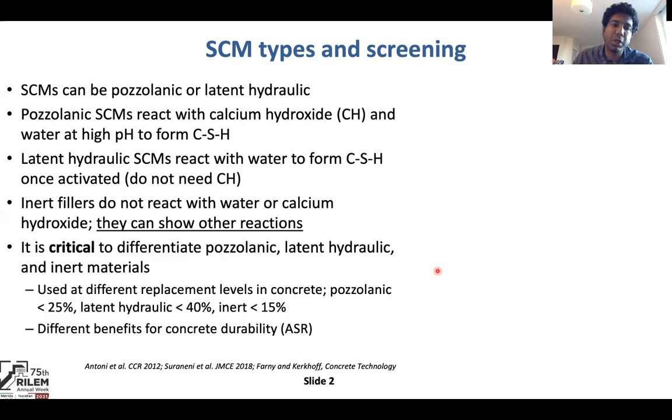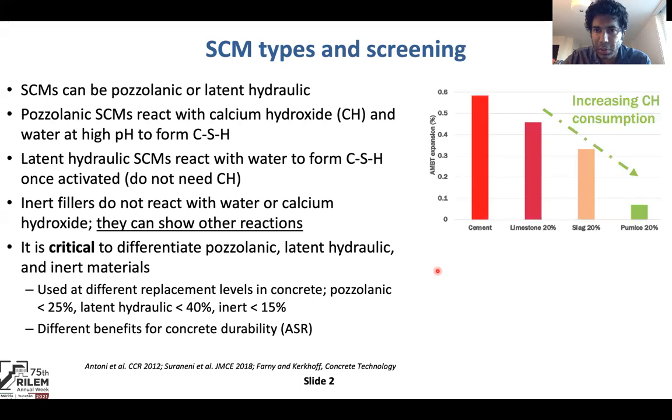It's really important to differentiate these three different materials because they're commonly used at very different replacement levels in concrete, and they have extremely different benefits for concrete durability. For example, ASR. Here is an example which shows AMBT expansion: pumice is the lowest expansion, limestone is the highest, slag is somewhere in between.